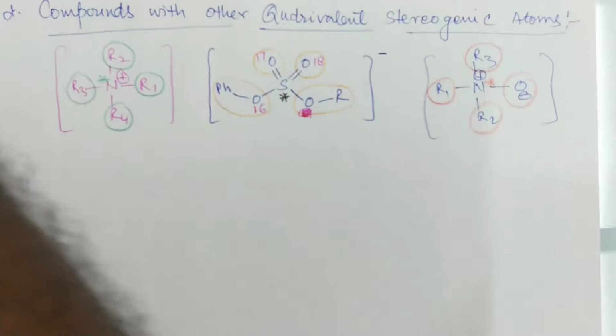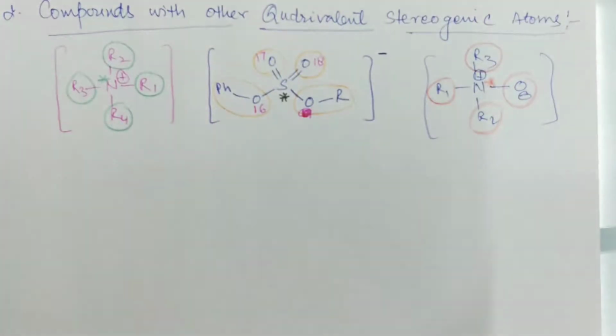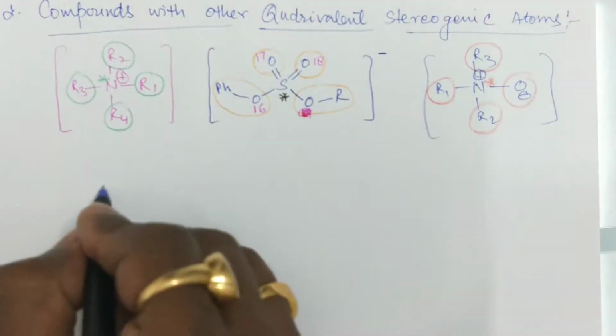So these are different groups of organic compounds where the central or stereogenic atom is not carbon. You can take silicon as well.